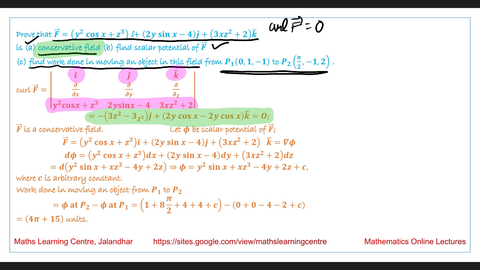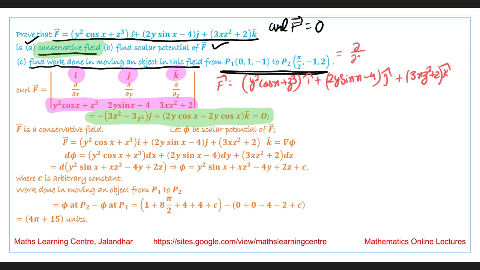Now we have to calculate the scalar potential. So we write F vector equal to (y square cos x plus z cube) i cap plus (2y sin x minus 4) j cap plus (3xz square plus 2) k cap, and this is equal to curly phi by curly x i cap plus curly phi by curly y j cap plus curly phi by curly z k cap.